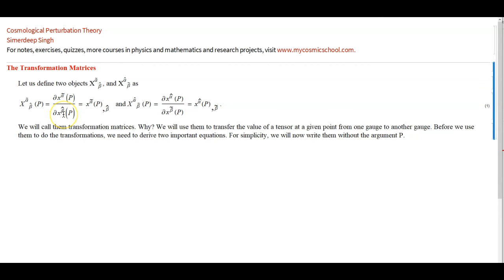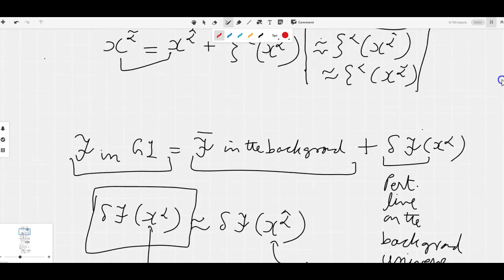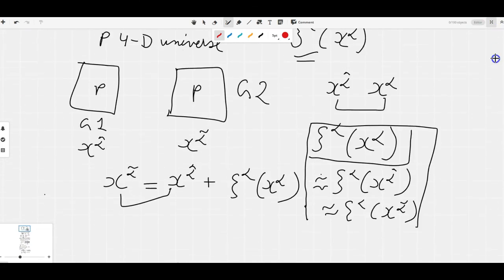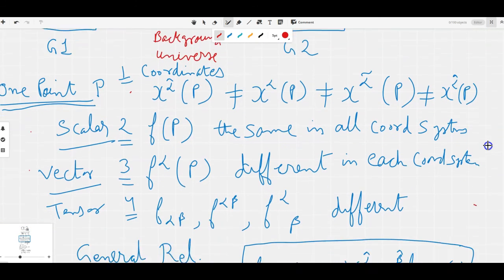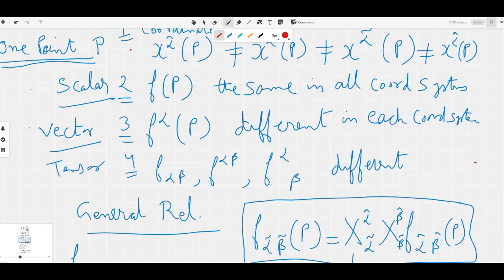So we will use this to perform transformations of vector and tensor quantities, and remember that at one given point scalars do not transform, only vectors and tensors transform. So at one fixed point P, vectors and tensors transform, scalars do not transform, and coordinates, of course, are different coordinates for the same point in different coordinate systems, in different gauges.